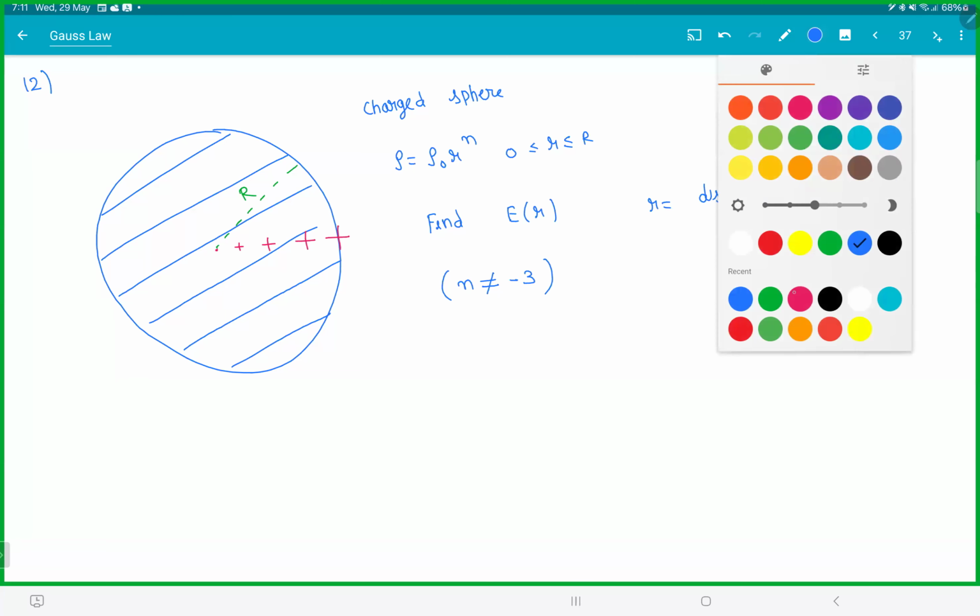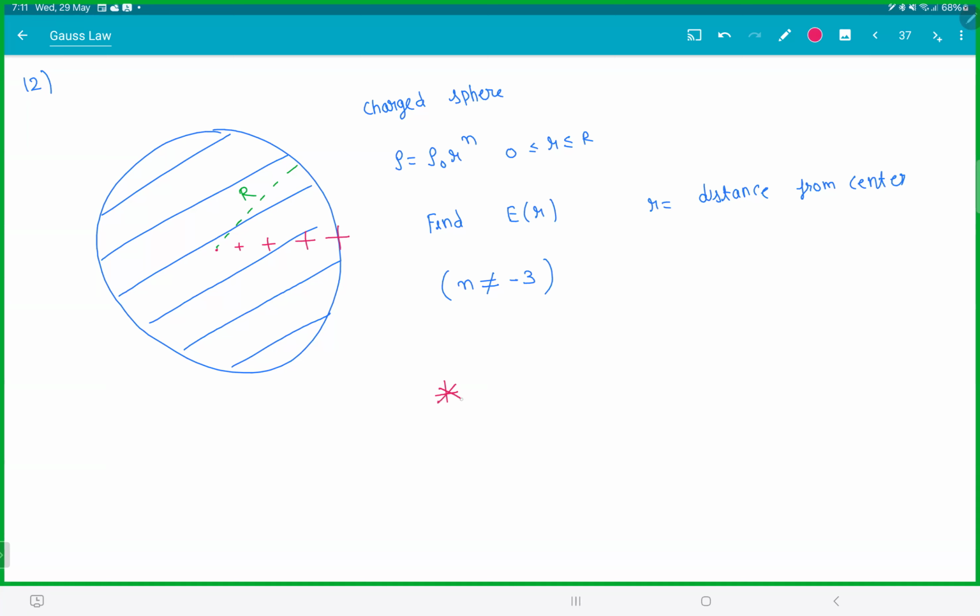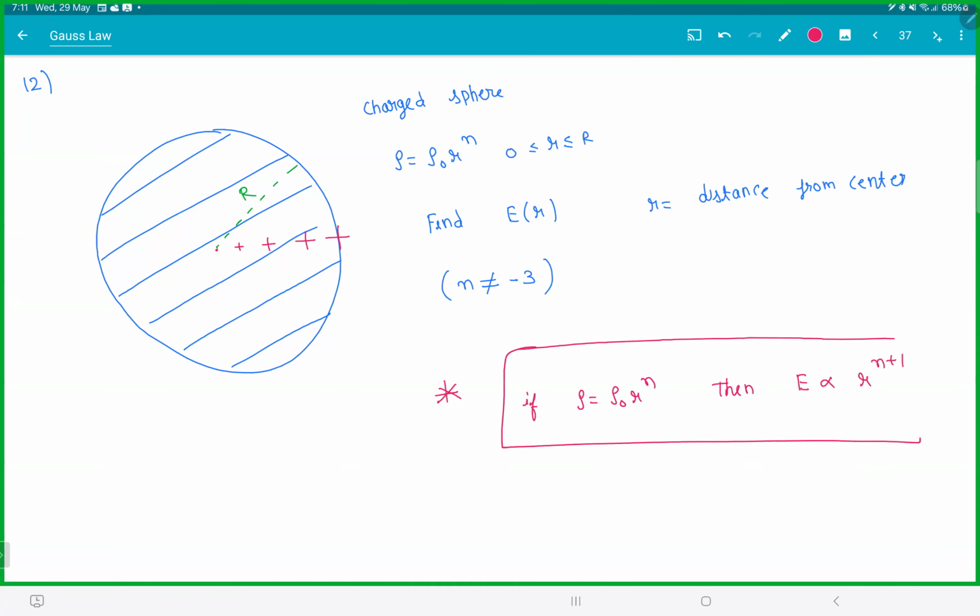If this question comes, generally I've seen a standard question would be like this: if rho is equal to rho naught r power n, then the field E will be proportional to r power n plus 1. You can remember that. Whatever the charge density, the field will go as n plus 1. That would be a straightforward question.